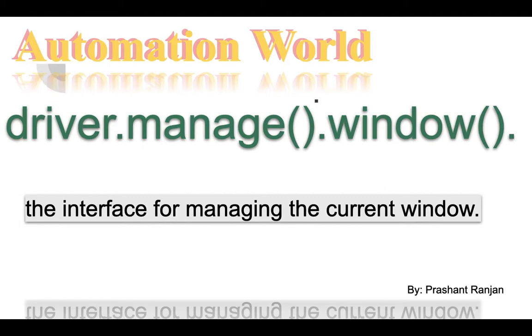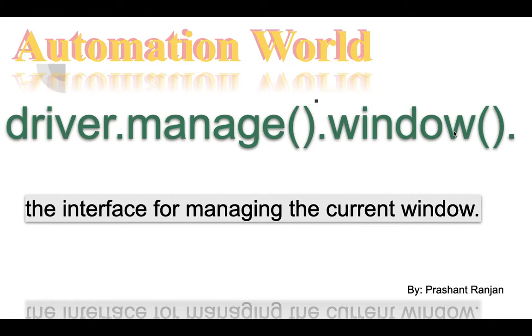Today we'll discuss a very interesting topic of Selenium: driver.manage().window(). Why and how do we use the driver manage window method in your code? Window is just an interface for managing the current window.